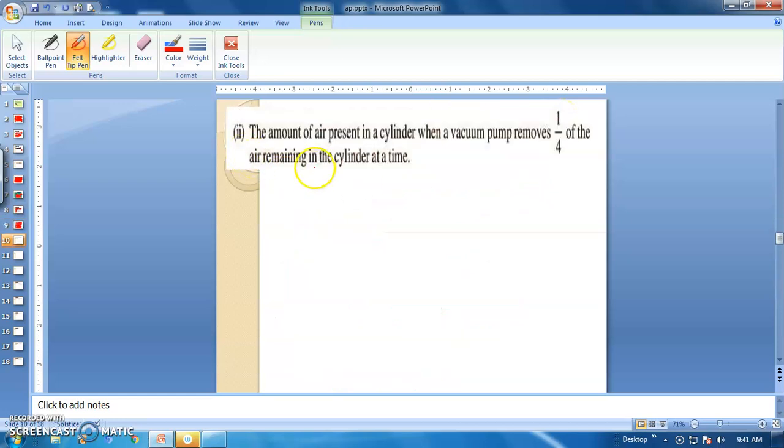What about the next one? The amount of air present in a cylinder when a vacuum pump removes 1/4 of the air remaining in the cylinder at a time. Before going to solve this, let us recall the formulas again. The first term is denoted by a1 or a, the second term a2, third term a3, etc., and the nth term is denoted by an.